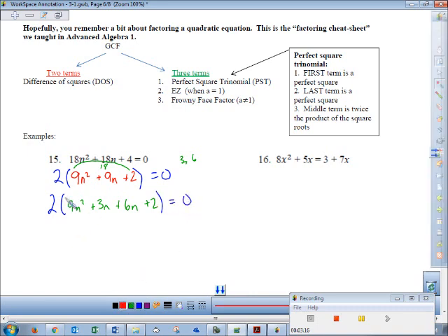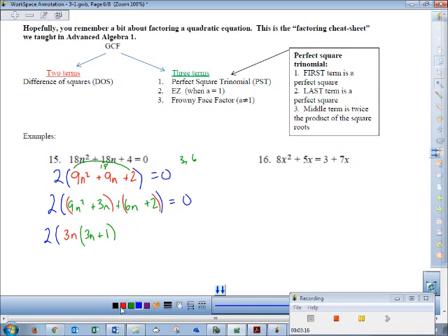And then you double group. The weird thing is just that blue 2 is going to keep coming down for the ride. The whole process is the same though. So Mr. Blue 2 comes down, and then let's take the GCF out of this first group right here. That'd be a 3n. And I'd be left with 9n squared divided by 3n is 3n, plus 3n divided by 3n is 1.